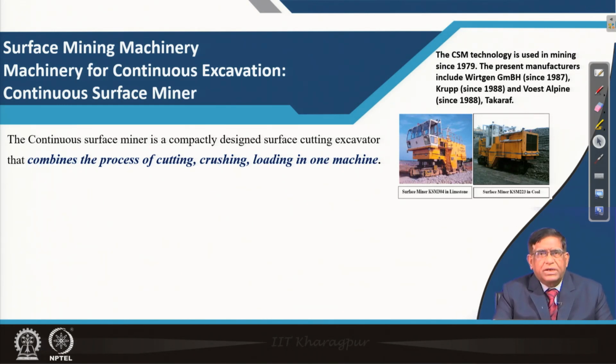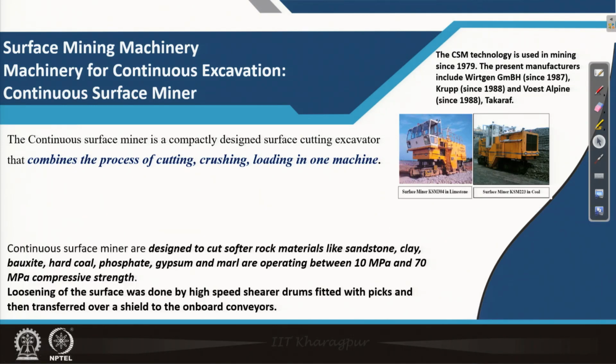Now, in the picture you can see the continuous surface miner produced by Larsen and Toubro, L&T, in their Kansbahal factory in Odisha. You can see this is used in limestone as well as in coal. This is also used for hard rocks as well.